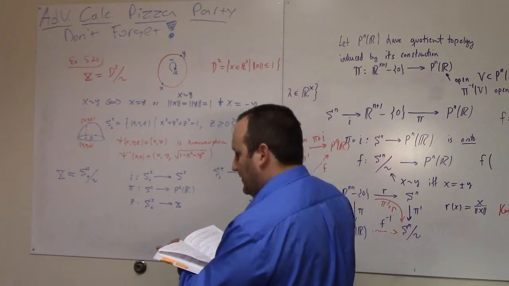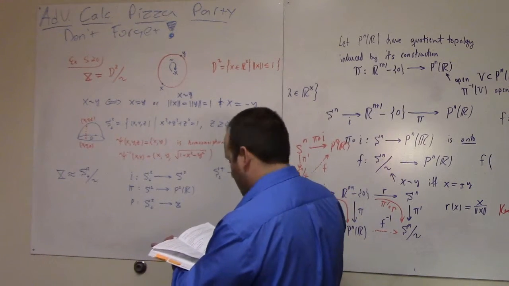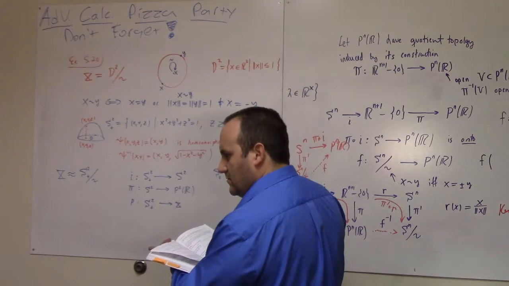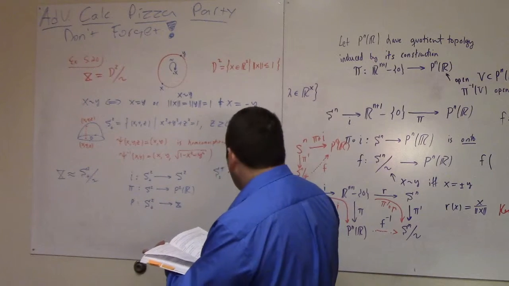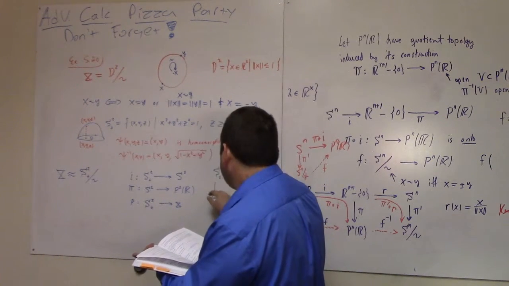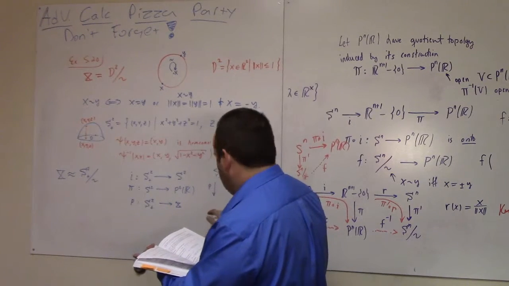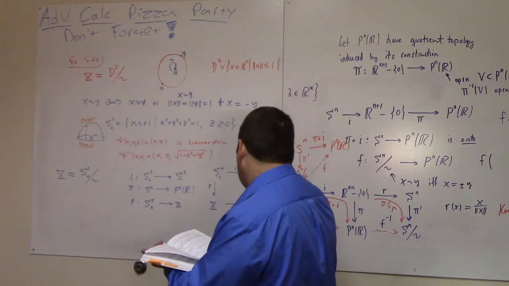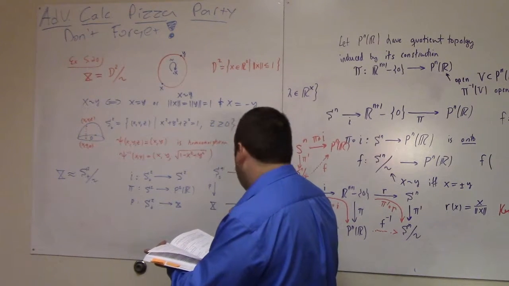That's this map. And then we have P, and down here we've got X. This map he calls J. Where's J coming from?